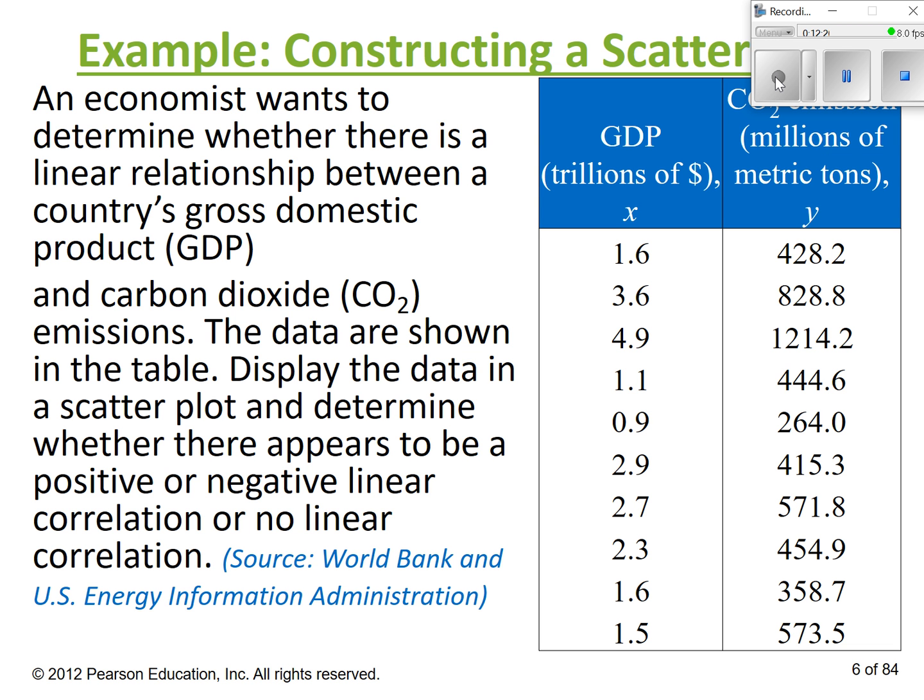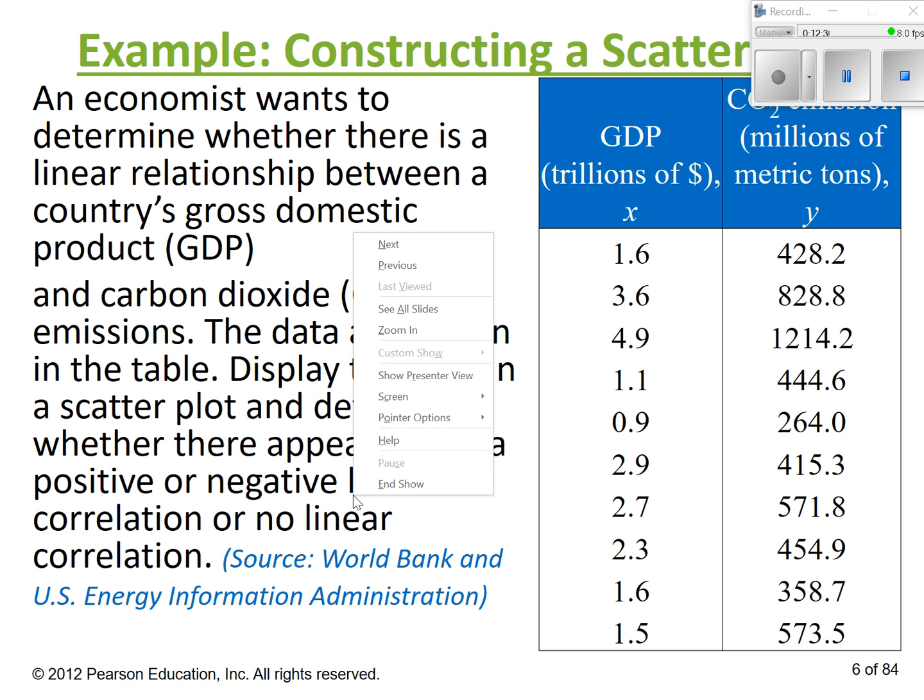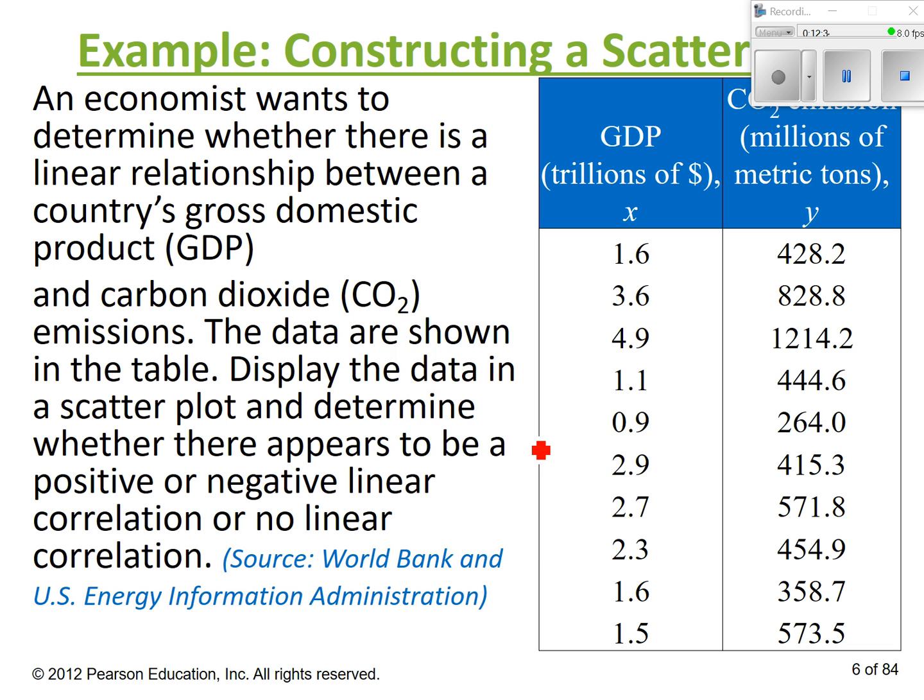So we have all these numbers. Your GDP is how much your country produces. So that's our X here. That's how much each country produces. And then the CO2 emissions, that's how much carbon dioxide that the country puts out.